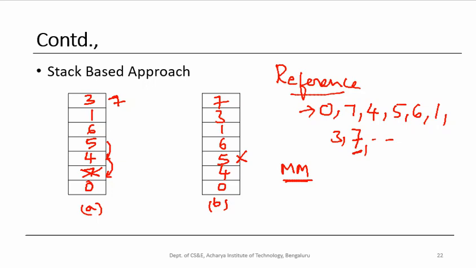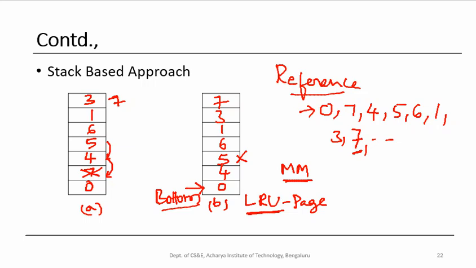With this we can clearly say that whatever page entry is present at the bottom of the stack is the least recently used page. Otherwise it would have come onto the top, right? It has gone to the bottommost place in the stack. So therefore it is the least recently used page.